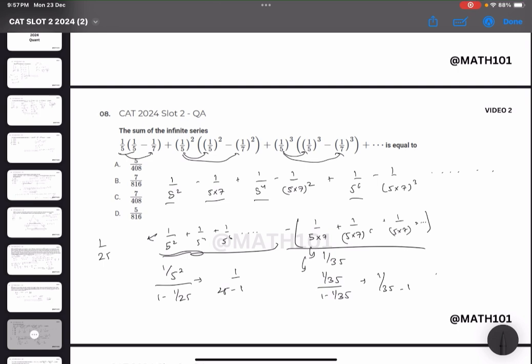This one is 1 by 24 and this is 1 by 34. So our answer is 1 by 24 minus 1 by 34. So 10 upon 24 into 34, which is equal to 5 upon 12 into 34. 34 12s are 408. So the answer is A.